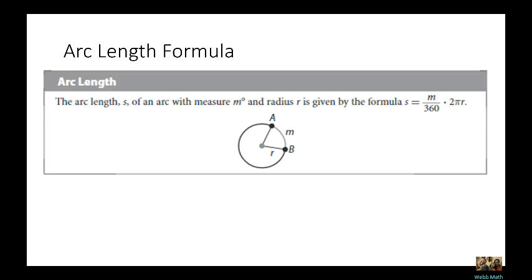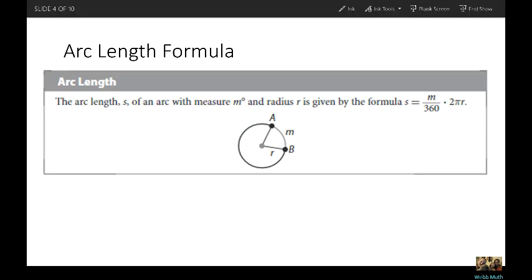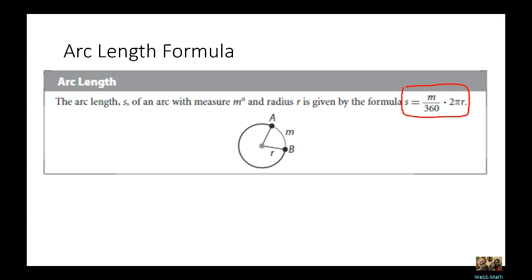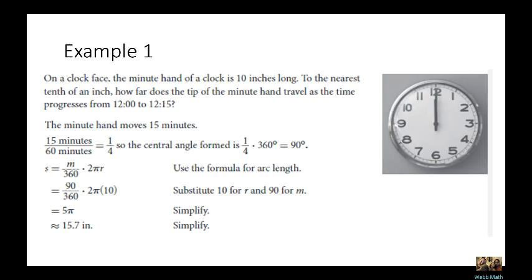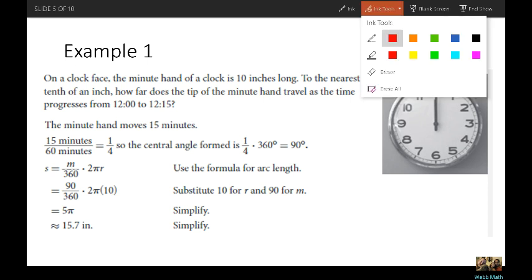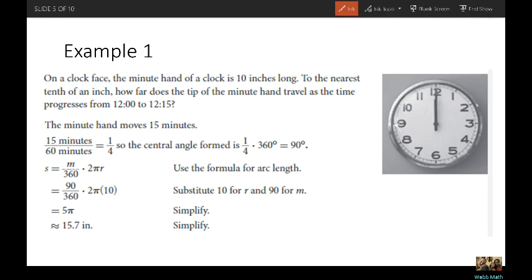All right, so the arc length formula, again, just like I showed you earlier, is represented as this equation. That is the entire setup. Now for application. If we're looking at this first example, which is a more accurate example of your homework, you have a clock face, and the minute hand is 10 inches long. Right away, they're telling you that this minute hand is 10 inches.